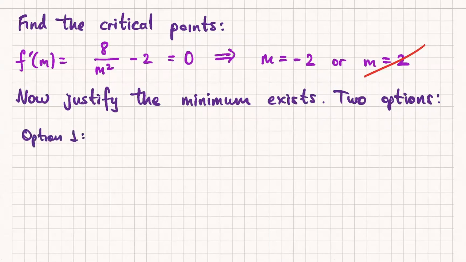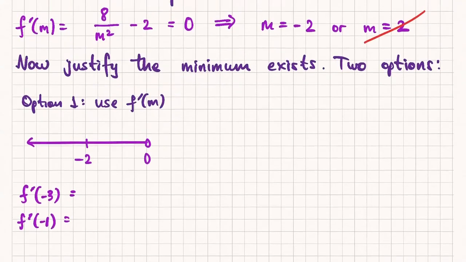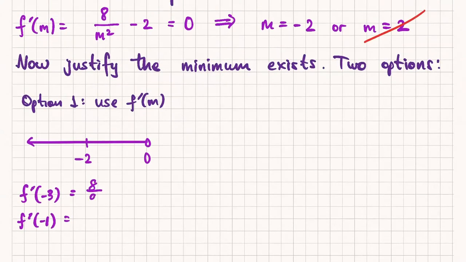So there's option one, use f prime of m. And so that we would use a sign chart. We don't go past 0. And our cut point is -2, right? So let's choose test points. So f prime of -3 and f prime of -1. So f prime of -3 gives me what? 8/9 minus 2.